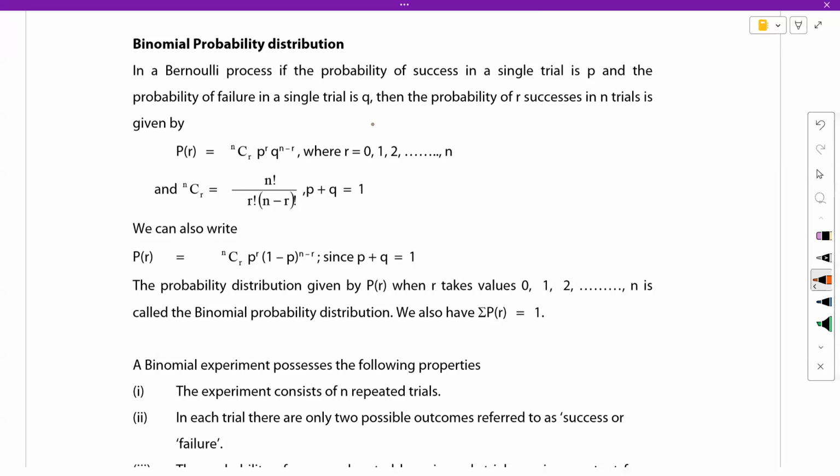We apply this binomial probability distribution when we have only two outcomes.